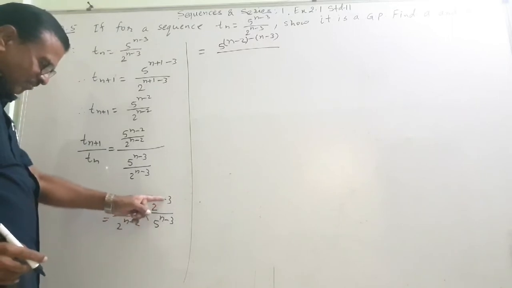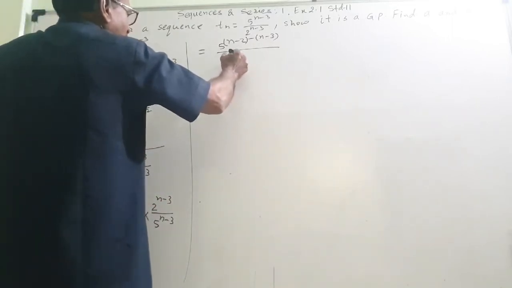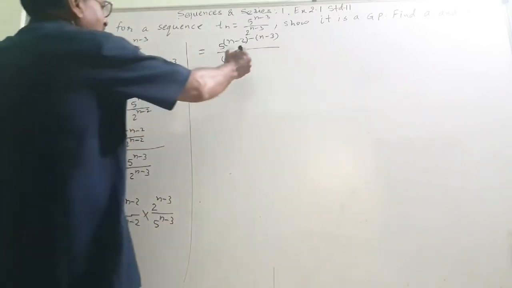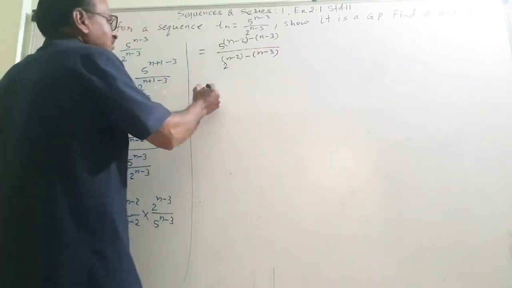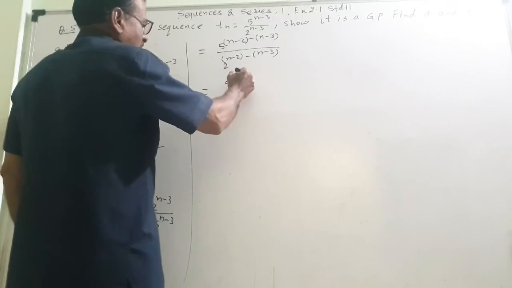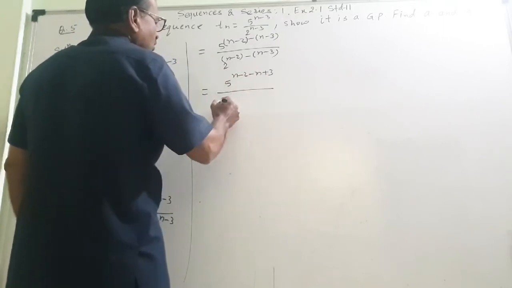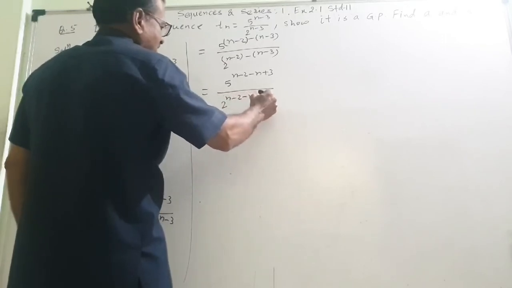Why taking this down? Because it will become positive. So 2 raised to n minus 2, this I will take down, and minus n minus 3. So that is equal to 5 raised to n minus 2 minus n plus 3 upon 2 raised to n minus 2 minus n plus 3.